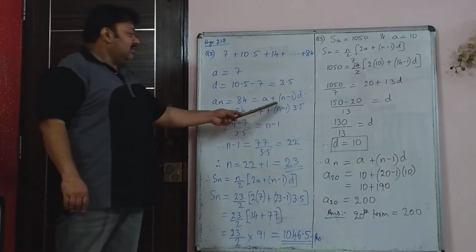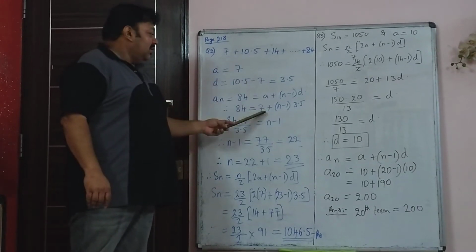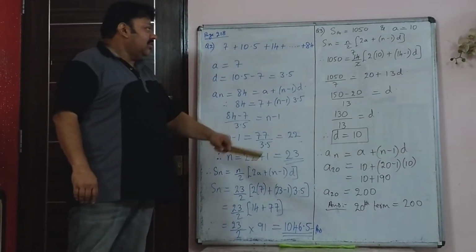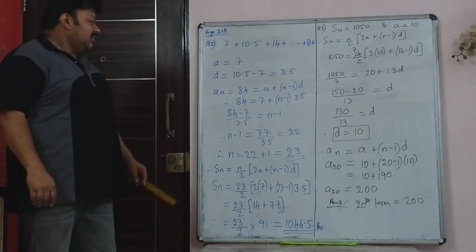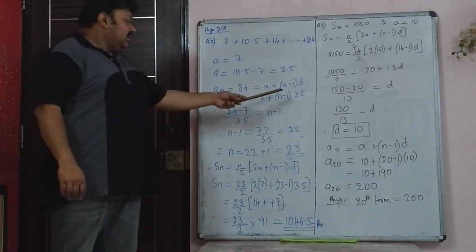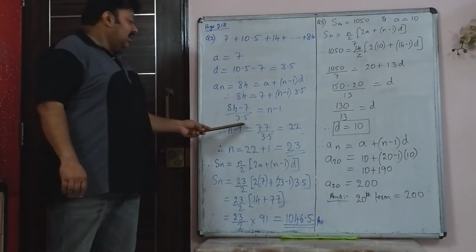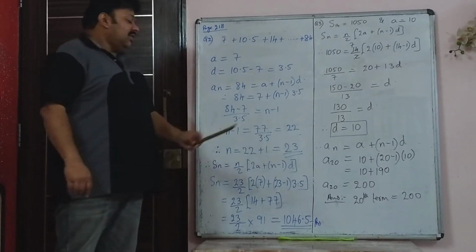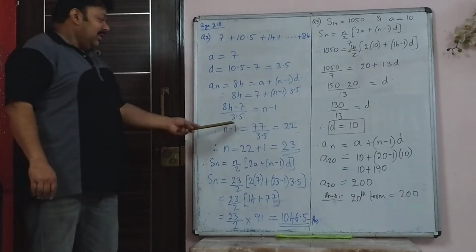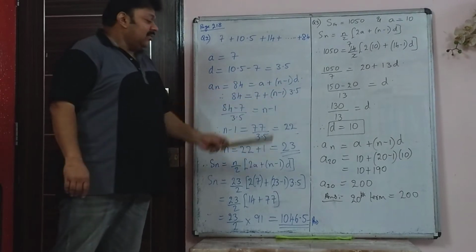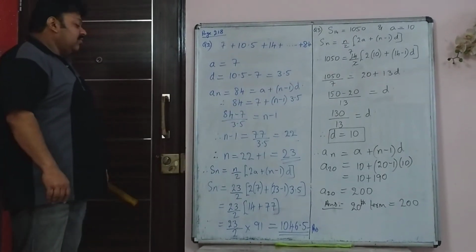So 84 = 7 + (n - 1) into 3.5, the common difference. When you solve it, you will get n minus 1 as 22, so n is 22 plus 1, that is 23.